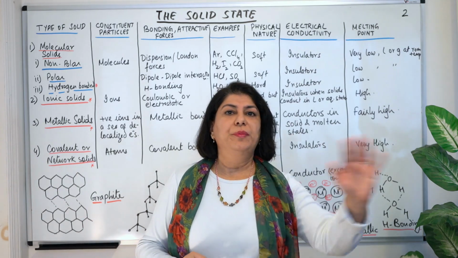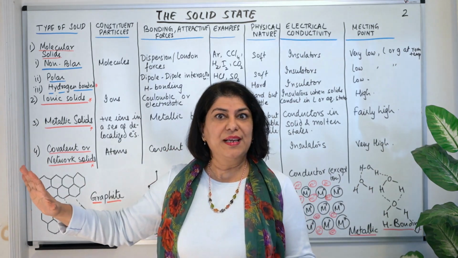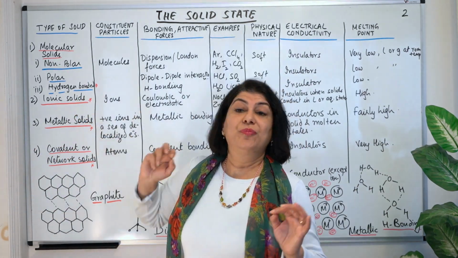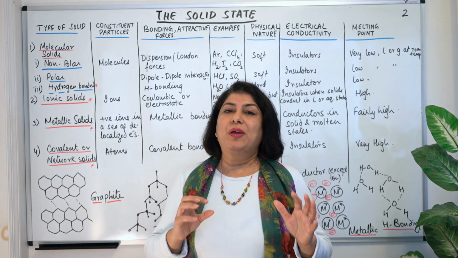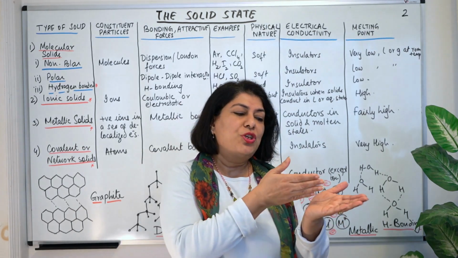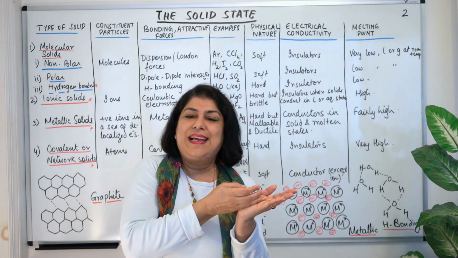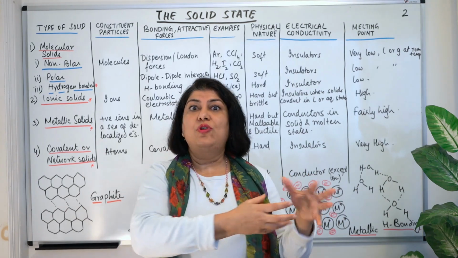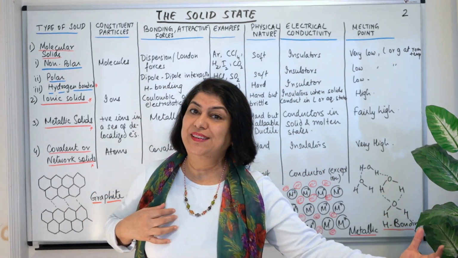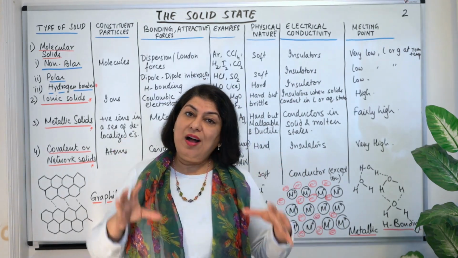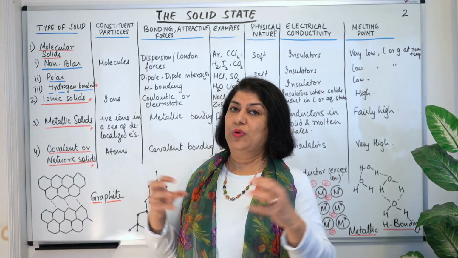The positive is going to remain positive, the negative is going to remain negative. That is not there in the case of polar solids. They are only partially positively charged because they have more electronegativity. So the shared pair of electrons, they are pulling it slightly more towards itself. But they do not completely own, they do not completely take away the electron from the other atom. So there are Coulombic forces of attraction which are holding them together.